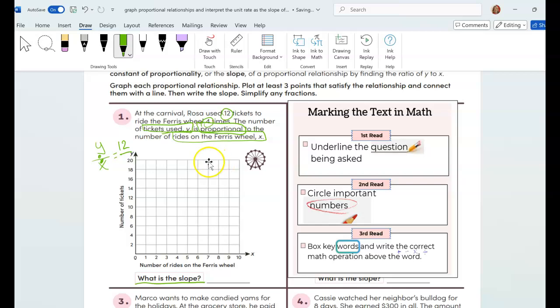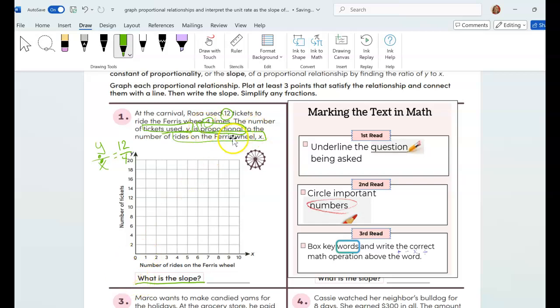And what is our X? The rides on the Ferris wheel. Rides on the Ferris wheel, X. 4 times. Right? So 12 to 4. 12 divided by 4. Rise over run. 12 divided by 4.